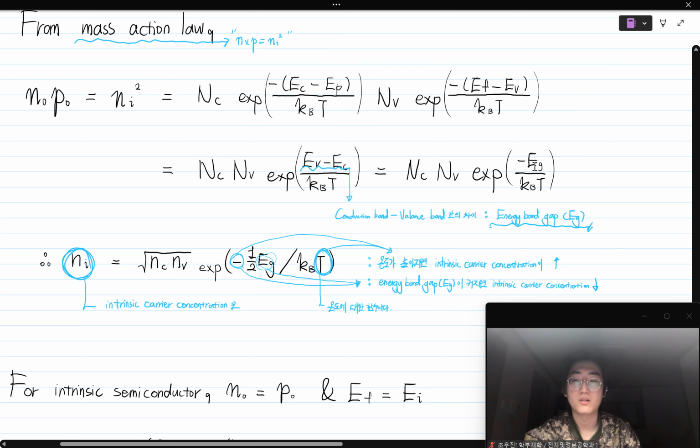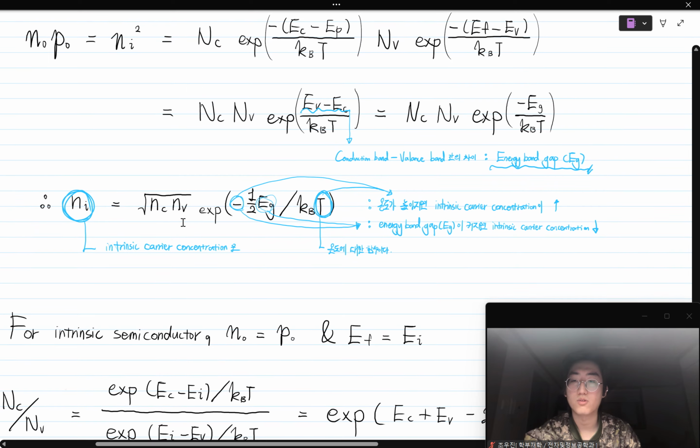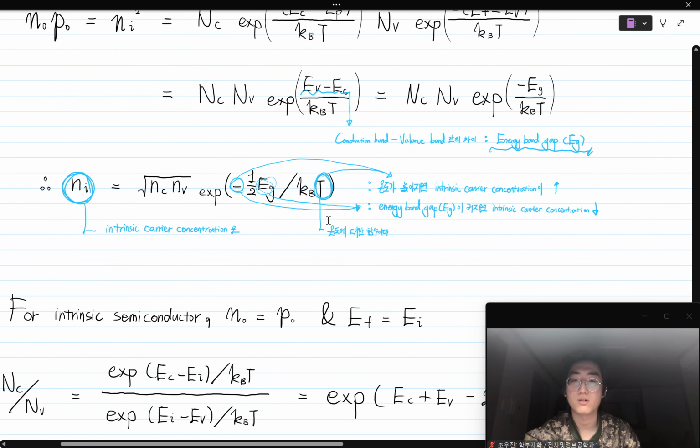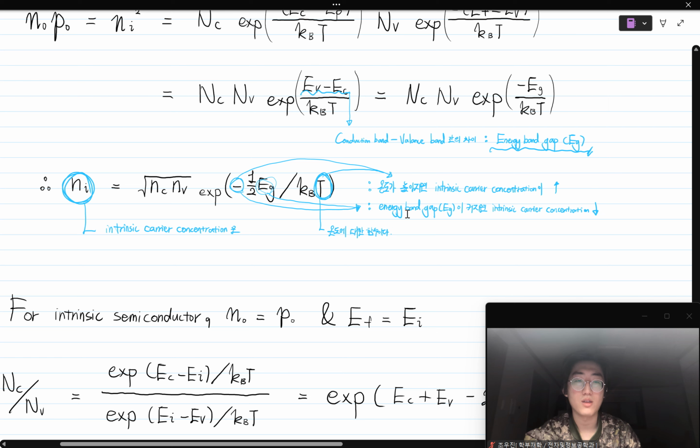And we can get the intrinsic carrier concentration as the square root of Nc and Nv times the exponential of this term. This equation shows us that if the temperature goes higher, the intrinsic carrier concentration also gets higher. But if the energy band gap becomes larger, the intrinsic carrier concentration is reduced.